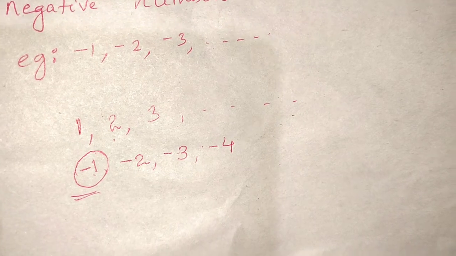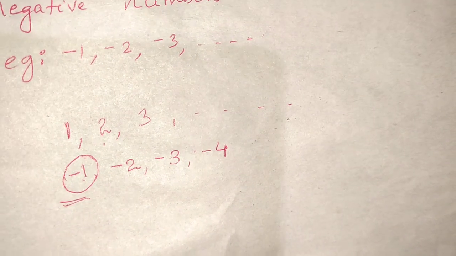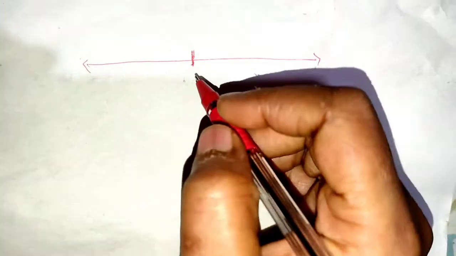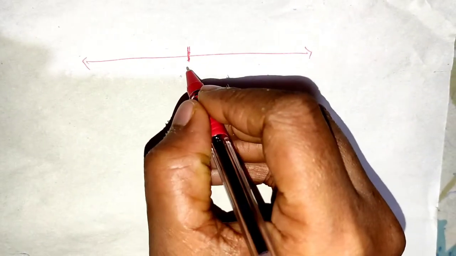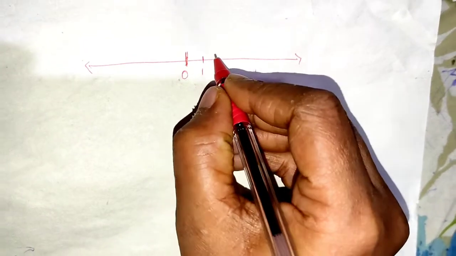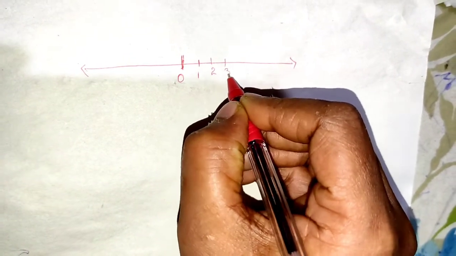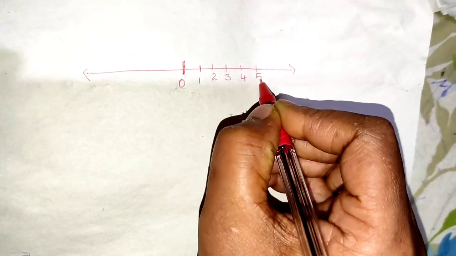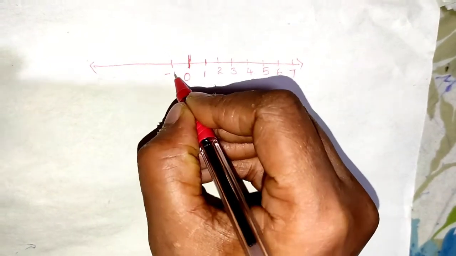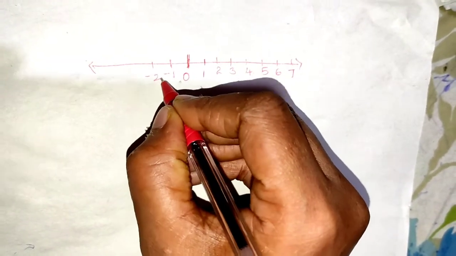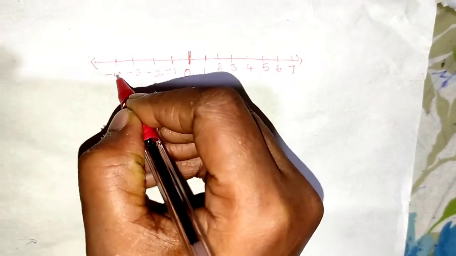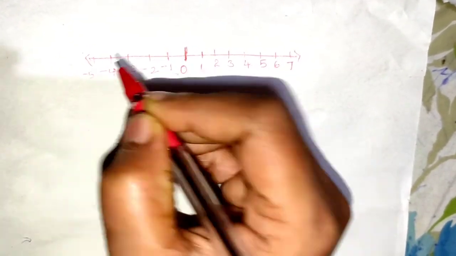Now we are going to study the operations on negative numbers. If we arrange the number 0, positive numbers on the right side of 0, and negative numbers on the left side of 0, we get a number line.